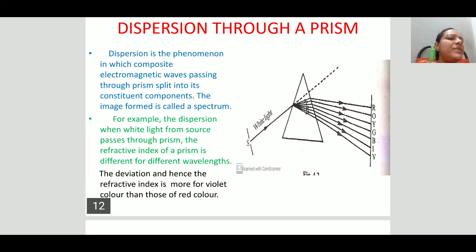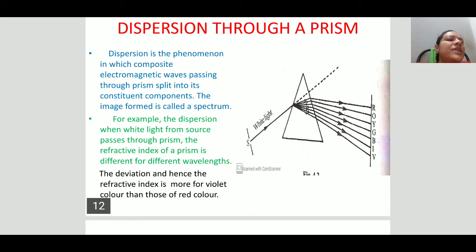That is VIBGYOR. Here you are observing violet, indigo, blue, green, yellow, orange and red. This is known as dispersion. The colors which are formed are known as the electromagnetic spectrum or simply spectrum. See here, this is the white.